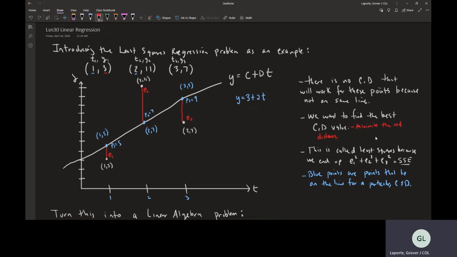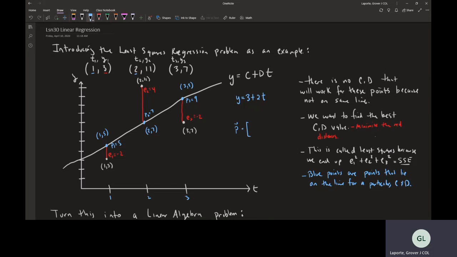So now I can calculate my errors, and so my error here would be 3 minus 5, which would be -2, 11 minus 7, which would be 4, and then 7 minus 9, which would be -2. And so now we have all of our numbers up here. And so let's just write what P is equal to, and then we'll do it with linear algebra.